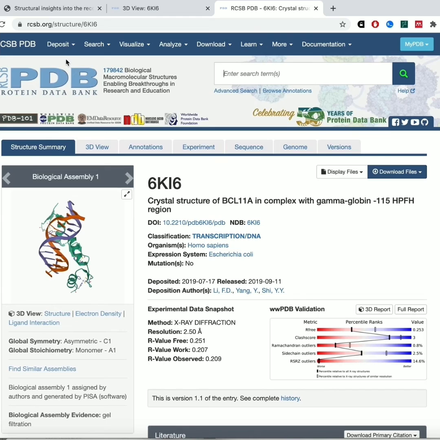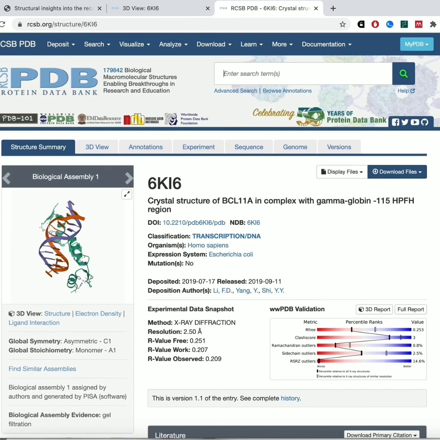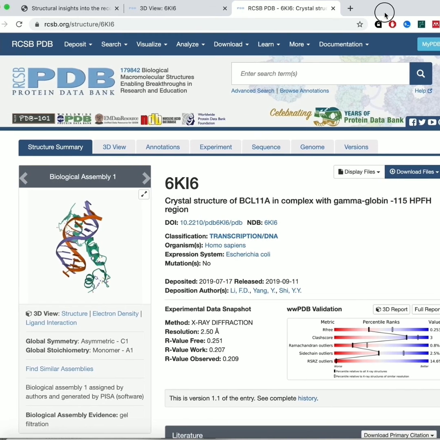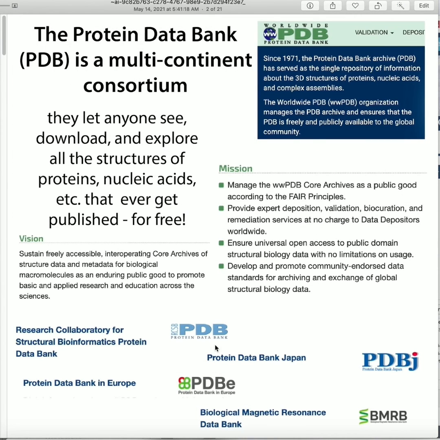There's a ton of stuff on the PDB. There are actually different versions of the PDB, since it's a worldwide consortium. I've been showing you the RCSB Protein Data Bank, which is based in the United States, but there are also PDB consortiums around the world: PDB Japan, PDB Europe, and also NMR and EM data banks too.